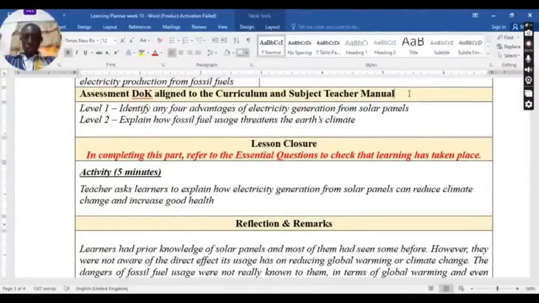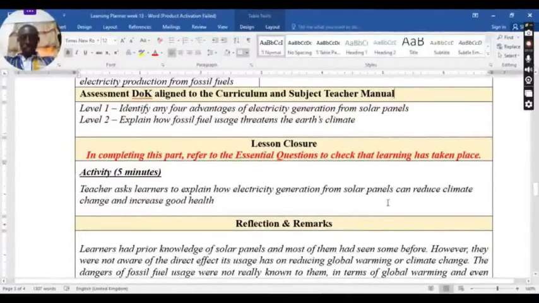It's not necessary that all the 4 levels should come, but any question must obey at least one of the DOKs. So what is DOK? DOK means depth of knowledge. Depth of knowledge. And you have to know them.